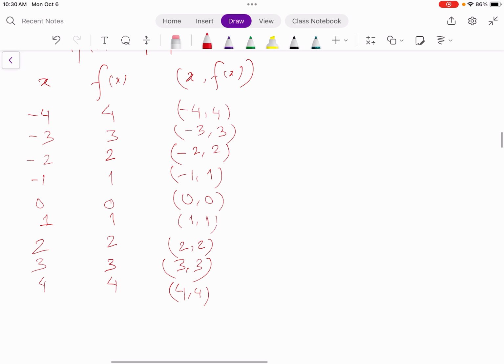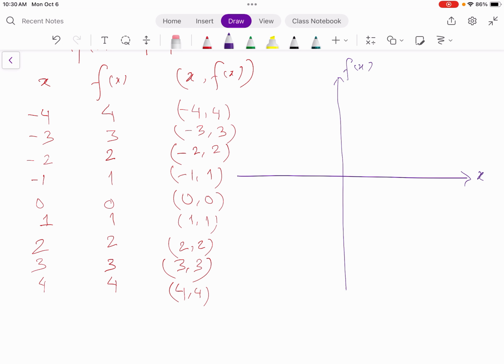Now we plot these points and we get the graph. So we have a horizontal axis, and that is our x. We have a vertical axis, and this is our f of x. So this is 1, 2, 3, 4, 5. This is -1, -2, -3, -4, -5 on each axis.